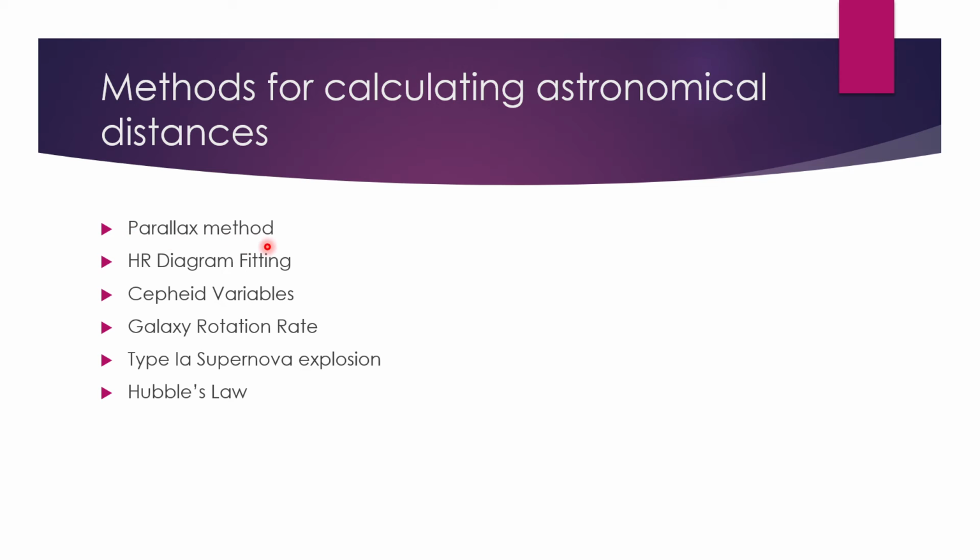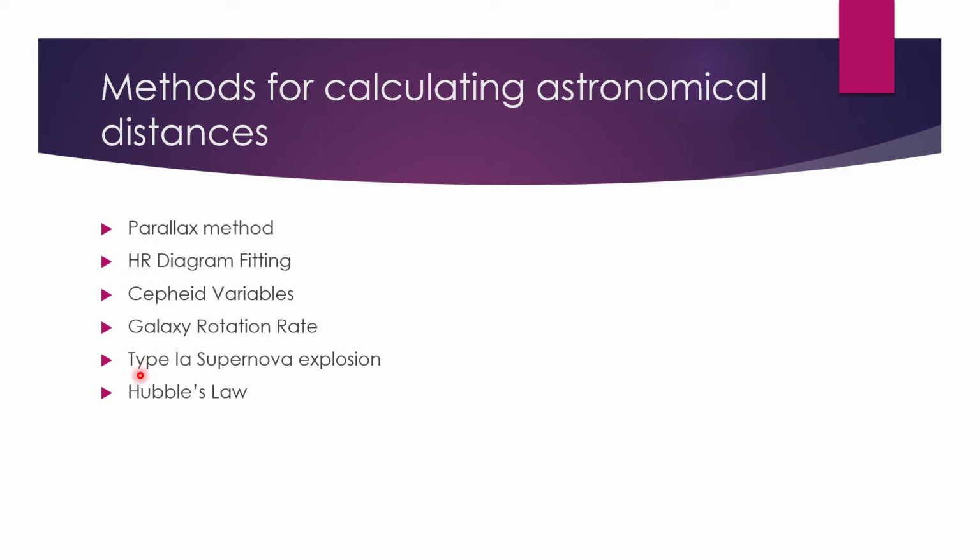The parallax method, HR diagram fitting method, use of the Cepheid variables, the galaxy rotation rate, use of the type 1a supernova explosions, and use of Hubble's law. Now, the top two methods, parallax method and HR diagram fitting method, can be used to calculate distances to stars.